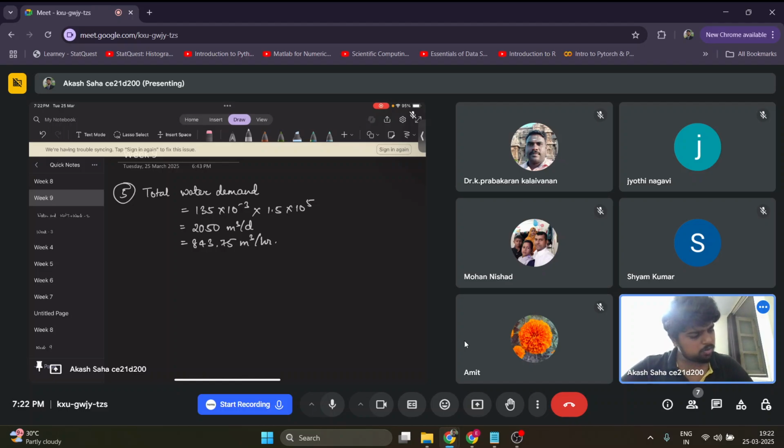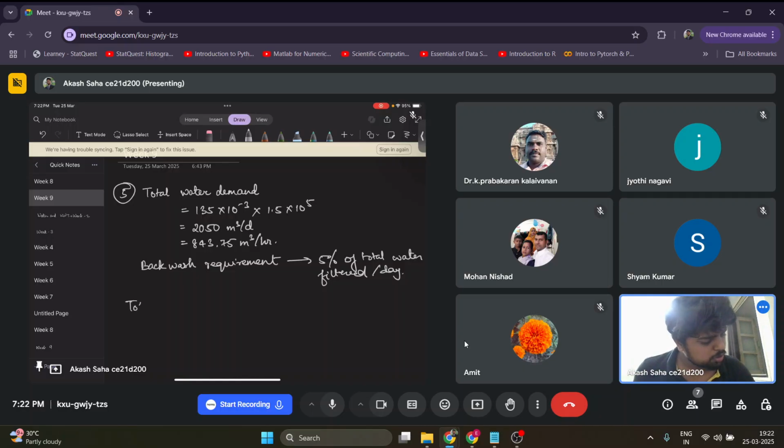Now backwash requirement, as I told you, is suppose 5% of my total water filtered per day. 5% of total water that is being filtered per day.